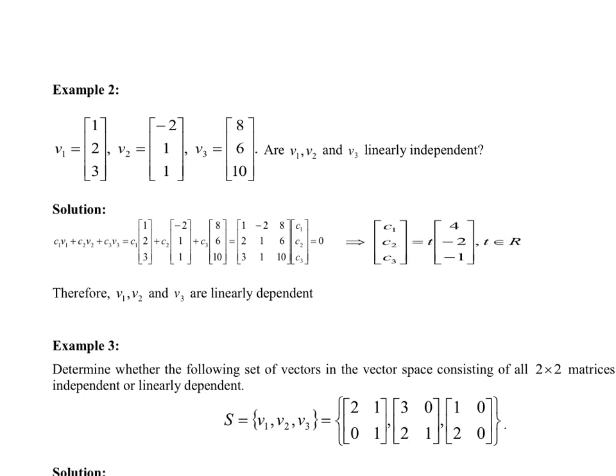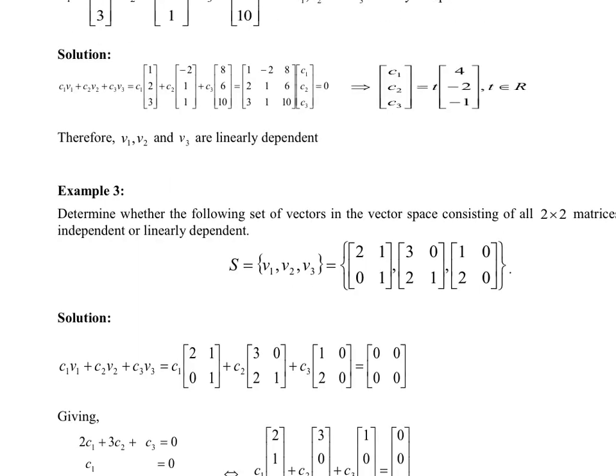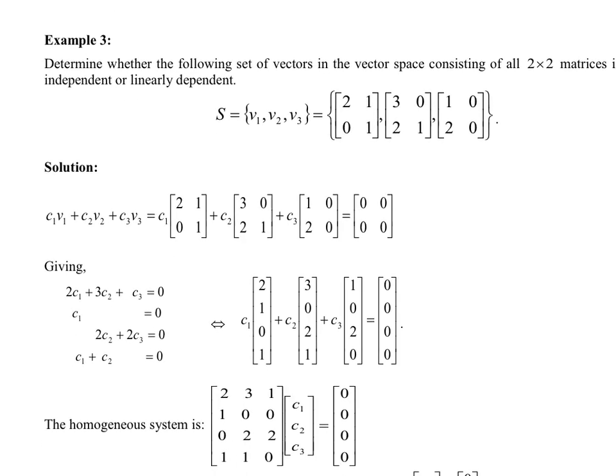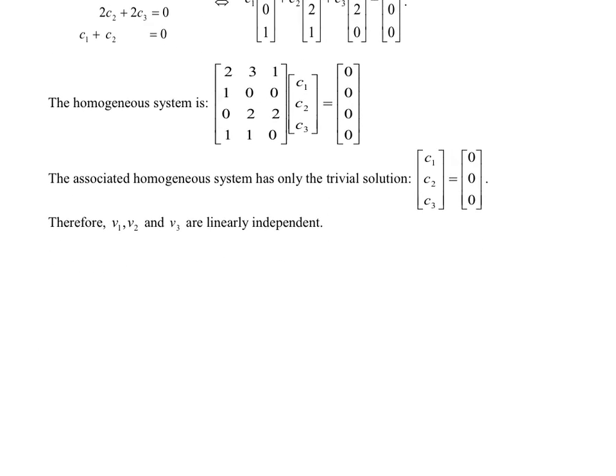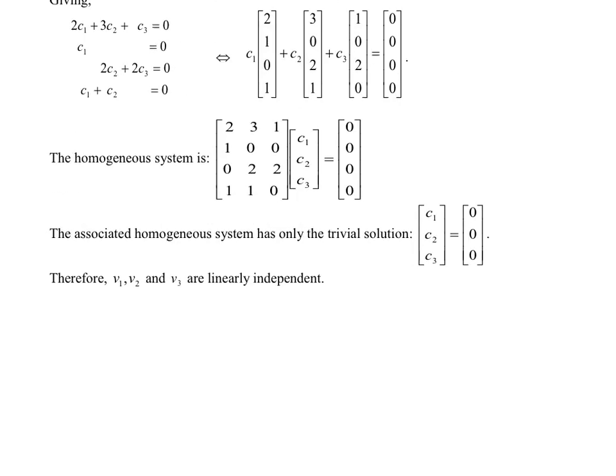You come up with this, with some value t representing the multiplier. It's defined in terms of one or the other variable. But the bottom line is you're coming up with something other than the trivial solution. You're not getting 0, 0, 0, all right? So that's the case of linearly dependent. That's really all there is to it. You solve it. If you get the trivial solution, it's independent. If you don't, it's not.